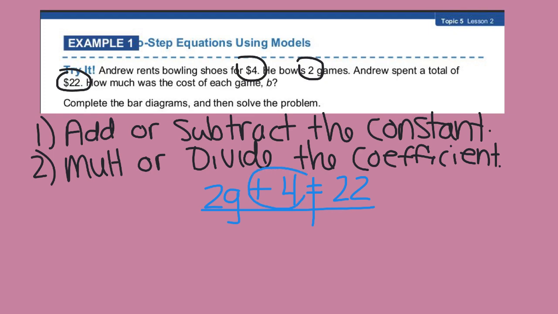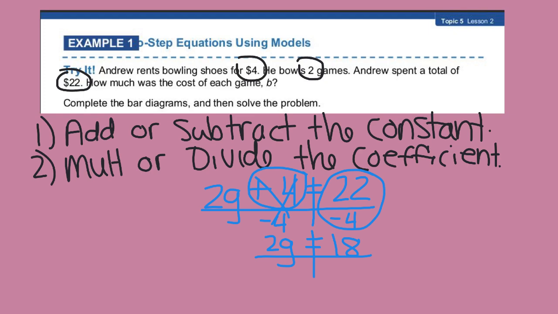That's this one. The opposite of adding 4 is subtracting 4, but if you remember, I have to do that to both sides. 4 minus 4 is 0. I have 2 games left on the left side, an equal sign in the middle, and $18 on the right. Step 2, I'm going to multiply or divide the coefficient.